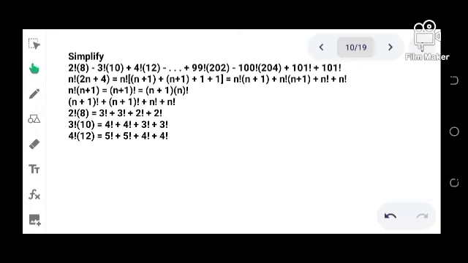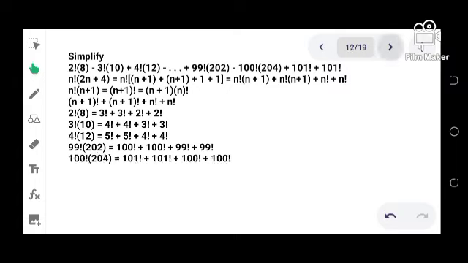The 4 factorial times 12 is 5 factorial plus 5 factorial plus 4 factorial plus 4 factorial. The 99 factorial times 202 is 100 factorial plus 100 factorial plus 99 factorial plus 99 factorial. 100 factorial times 204 is 101 factorial plus 101 factorial plus 100 factorial plus 100 factorial.